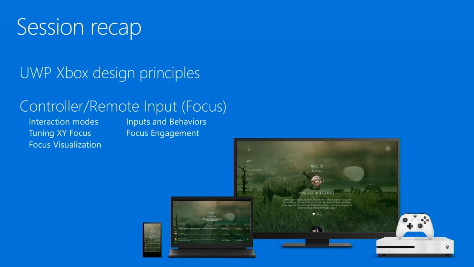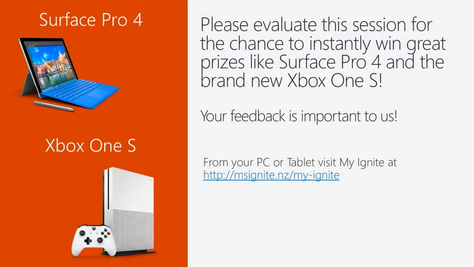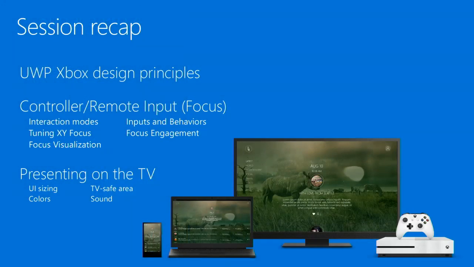We've had a look at the controller and the remote focus and how input interaction can create experiences for our users using intuitive UI. Cool. And then we had a look at how customizing our UI for the app based on different platforms, and how to deal with TV safety.